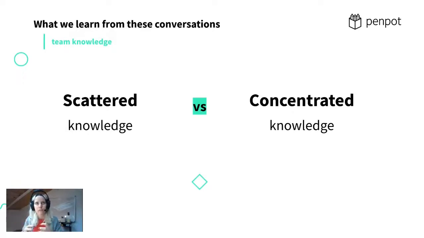So in Penpot, everyone does user support, as I said. We all talk to users. Knowledge of pains and needs is shared by the entire team. Nobody keeps the info for themselves. There is nothing hidden. No one treasures that knowledge.